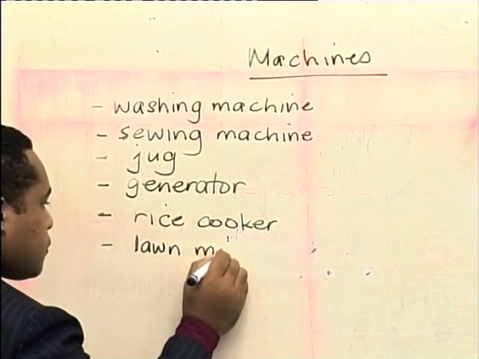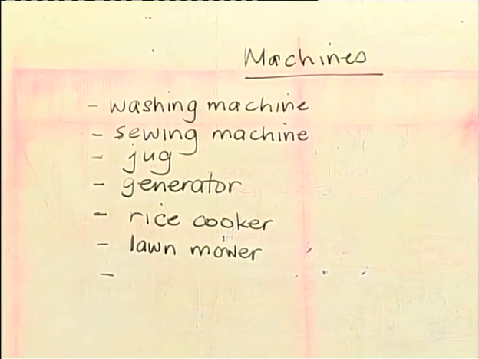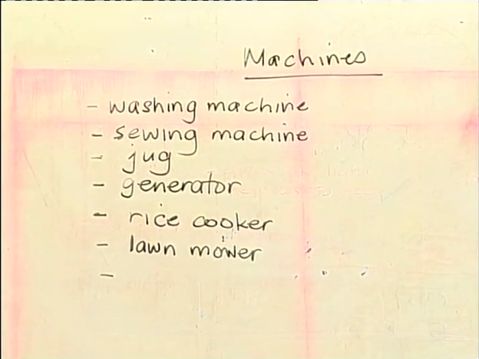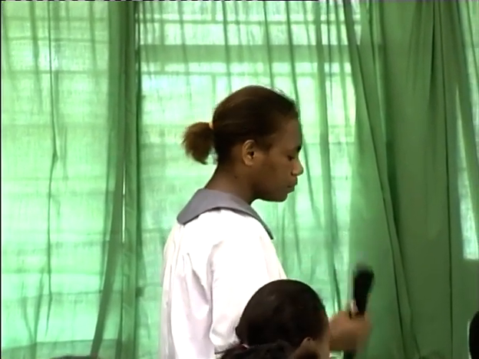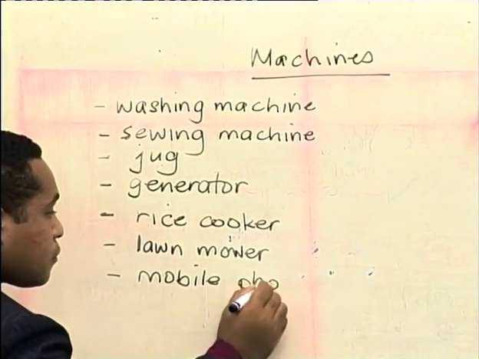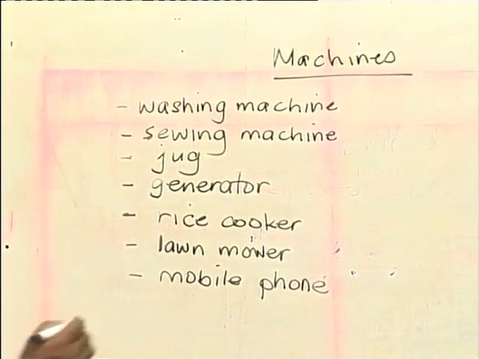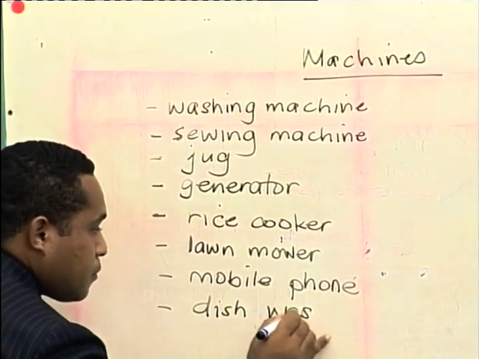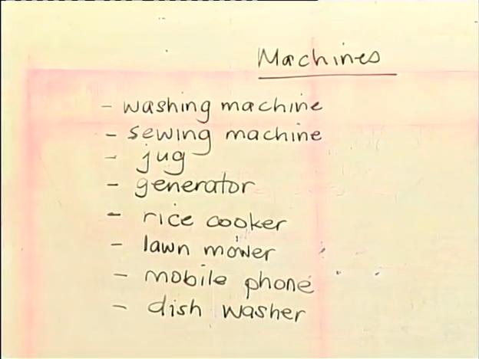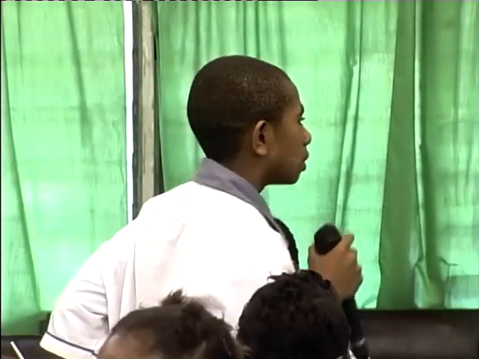Anamoro, mobile phone. Nora, dishwasher, okay. Jason, chainsaw.